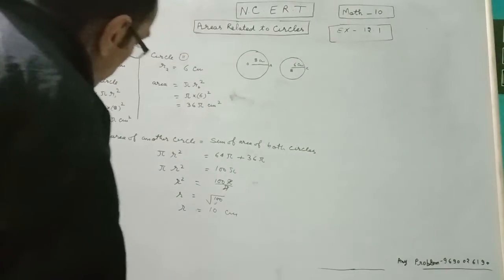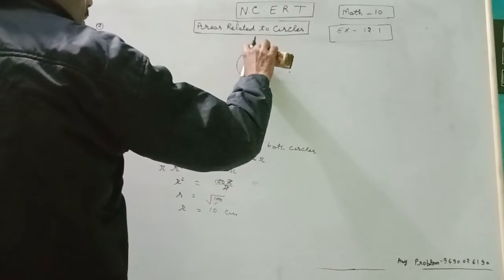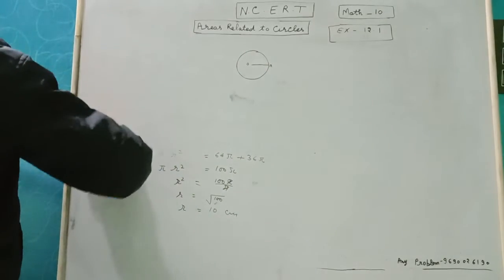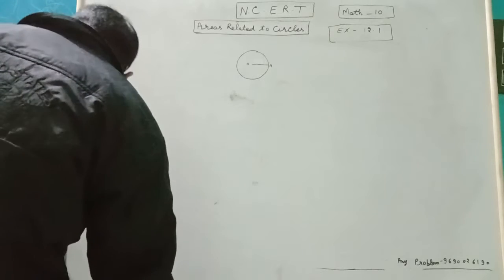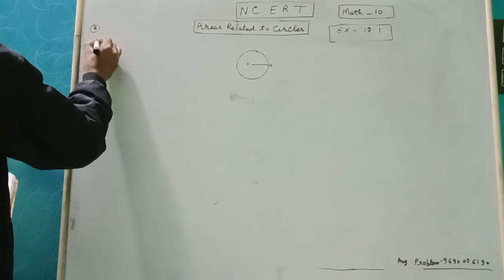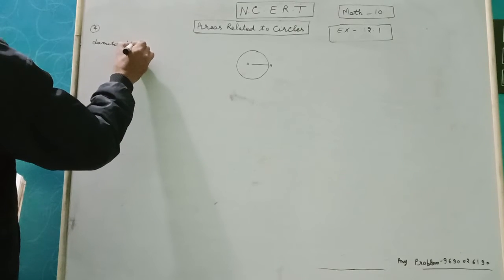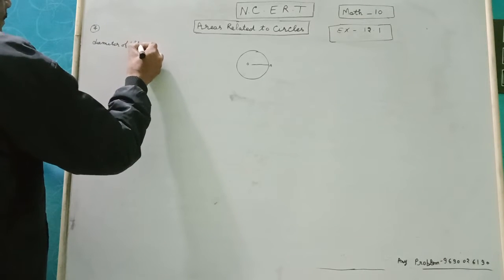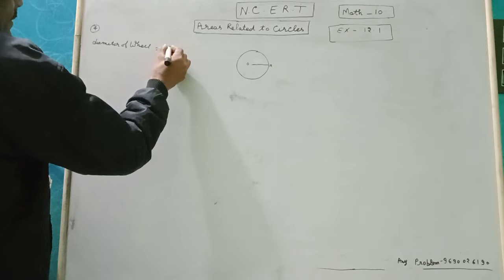Question number 4 is: a wheel is the shape of a circle, its diameter is 80 cm. The diameter of the wheel is equal to 80 cm.